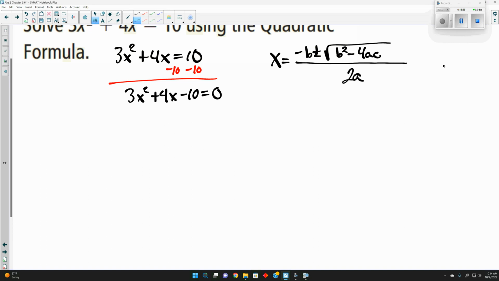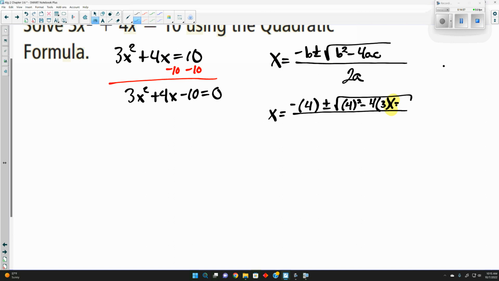Quadratic formula is negative b plus or minus the square root of b squared minus 4ac all over 2a. So let's go on and plug our values in. So we have negative. The b value is 4 plus or minus the square root of, so b squared is going to be 4 squared minus 4. This time a is not 1, it is 3 times c.